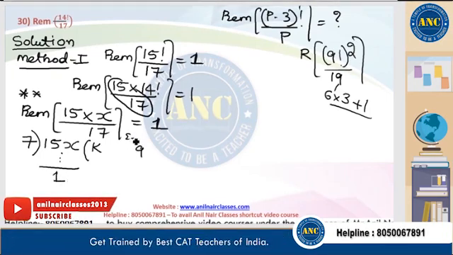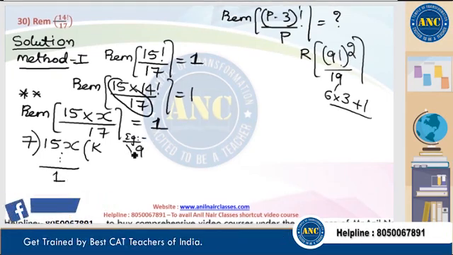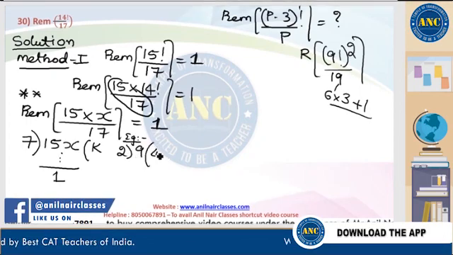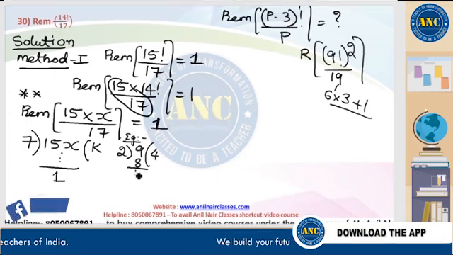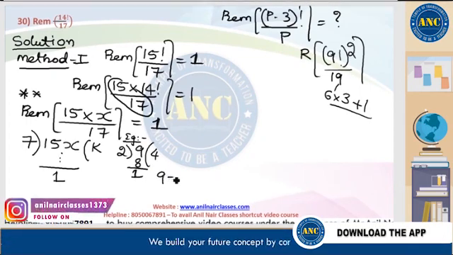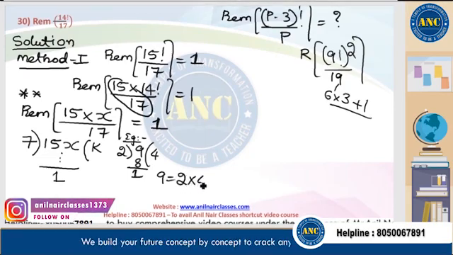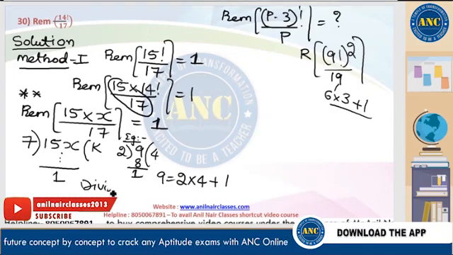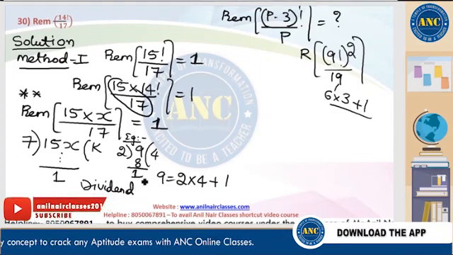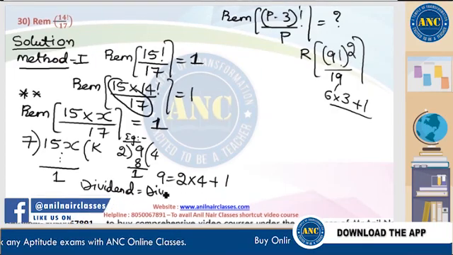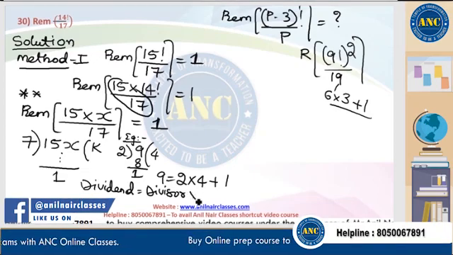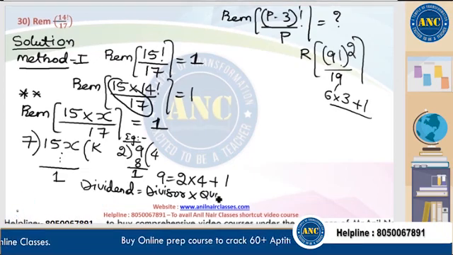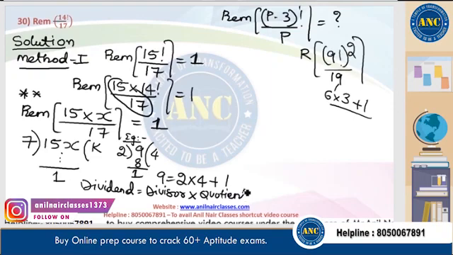Suppose, for example, 9 when divided by 2: 2 fours are 8, remainder 1. 9 is nothing but 2 into 4 plus 1, which is dividend equal to divisor into quotient plus remainder.